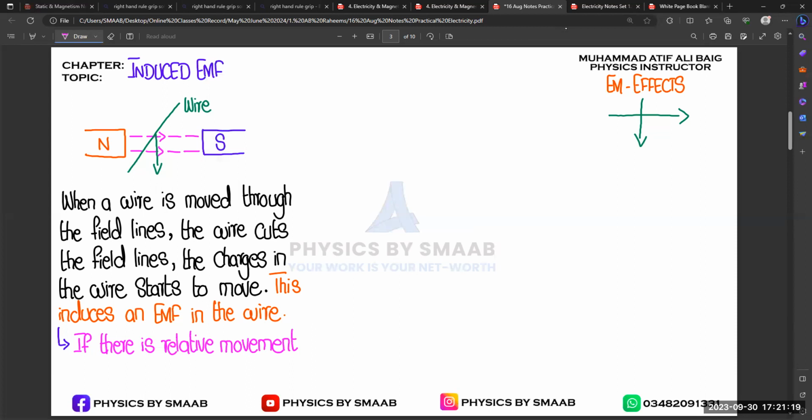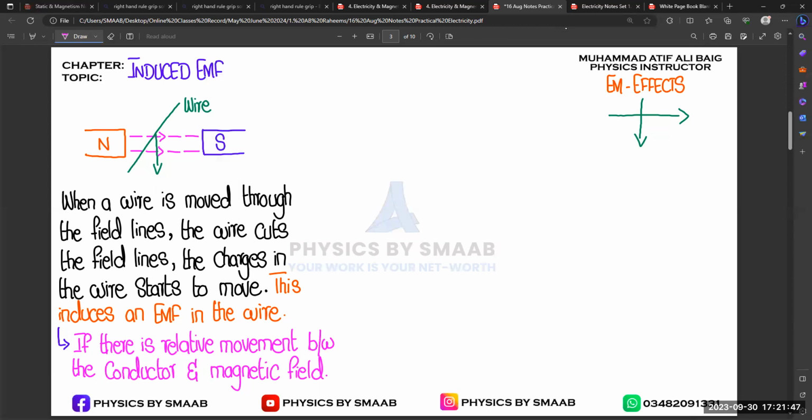So if there is relative movement between the conductor and the magnetic field, right?